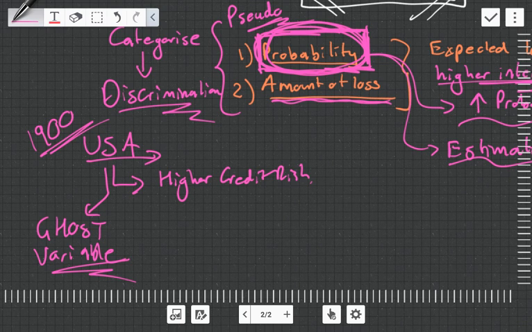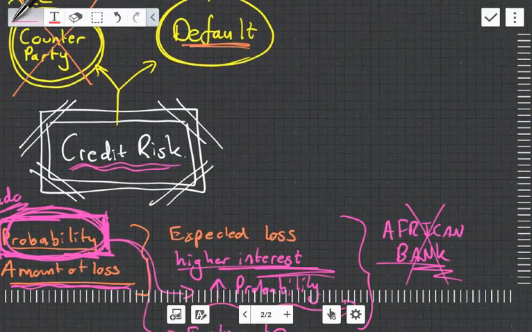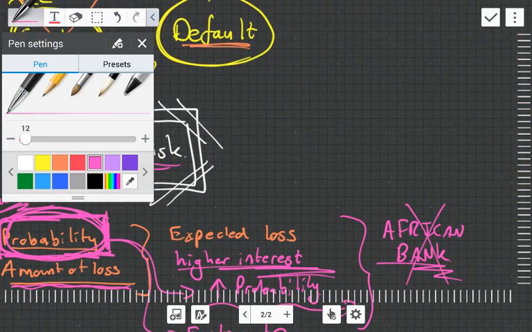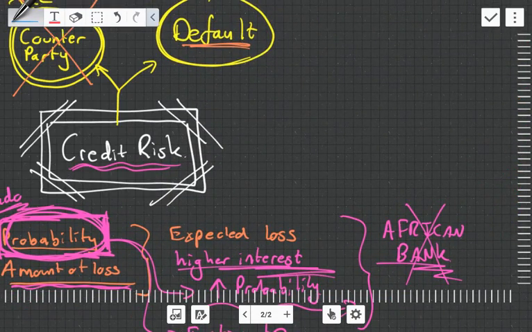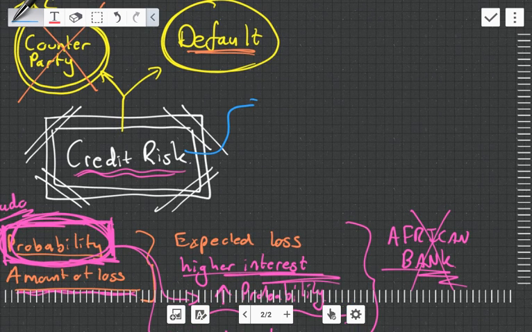Okay, let's look at what else we can talk about with credit risk. One thing that they refer to as credit risk, which I think is more a liquidity risk, is late payment. So let's say you lend someone 100 Rand and they don't pay it back tomorrow, they only pay it back the following day.